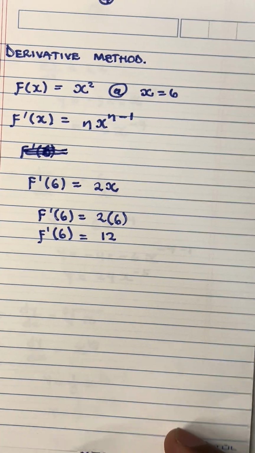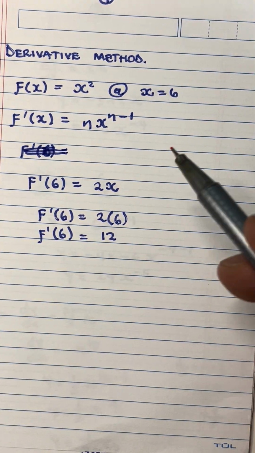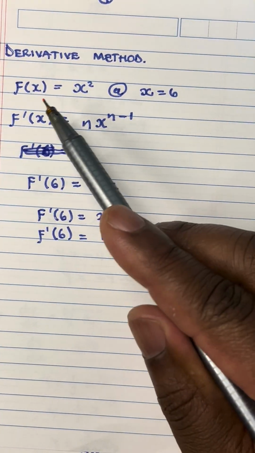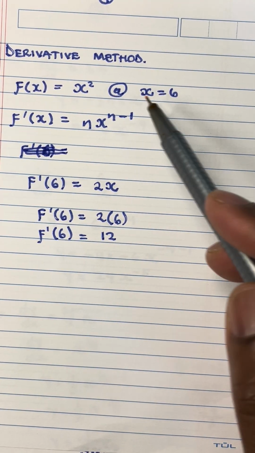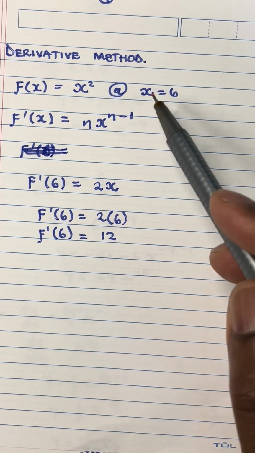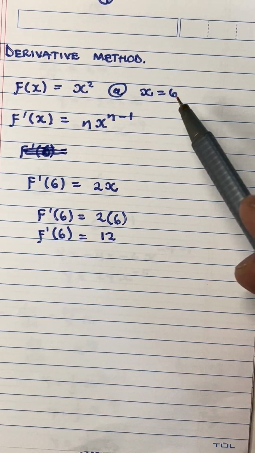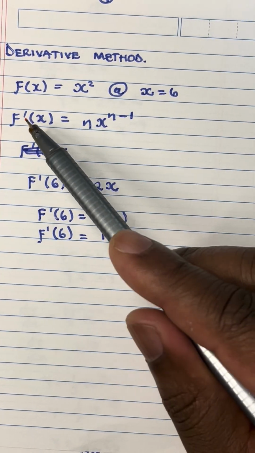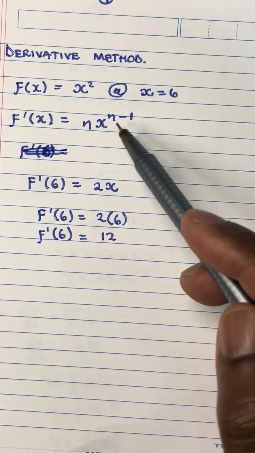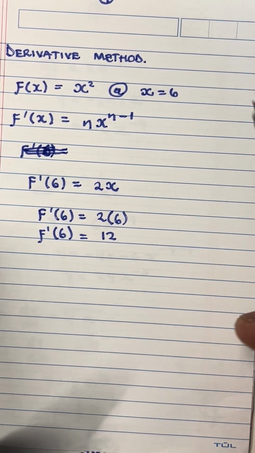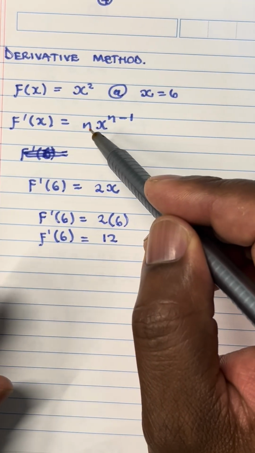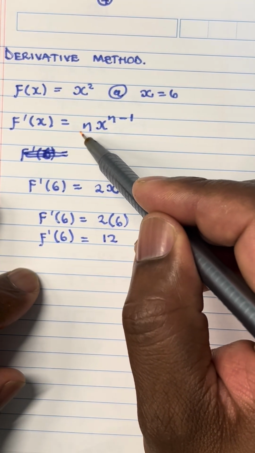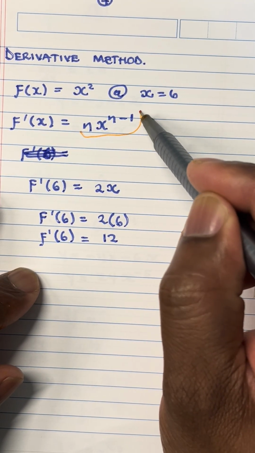Now here I'm showing you how to solve this very same problem. So f of x equals x squared, and then we're solving it at x equals 6. So f prime of x, we're going to use this equation. It's not a logarithm.